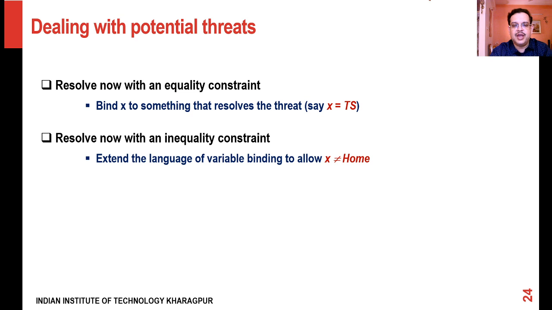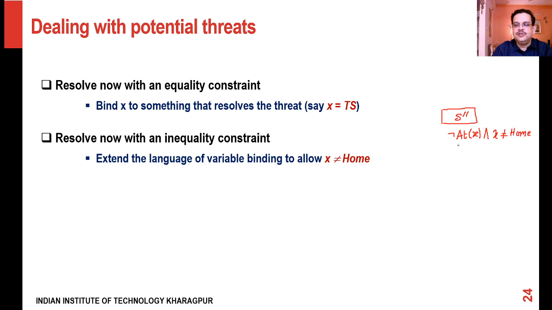So we add a constraint that X not equal to home. So now what does that mean? That means in my action S double dash, which was the threatening action, previously we just had not at X, but now with that I am putting a conjunction with that, another predicate which says X not equal to home.